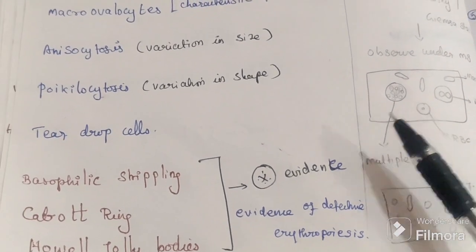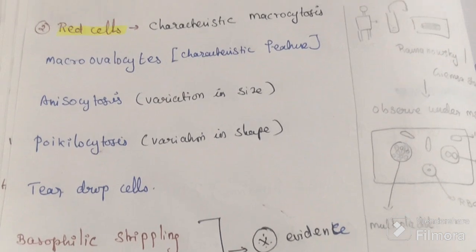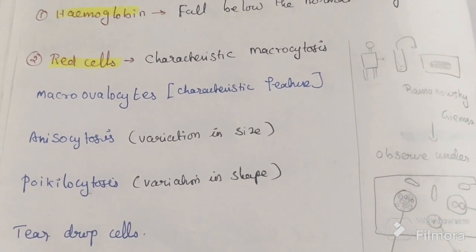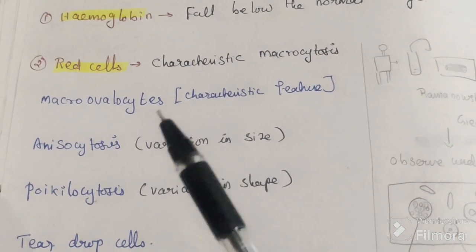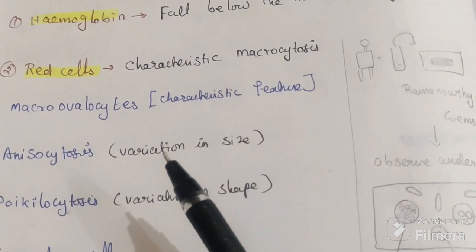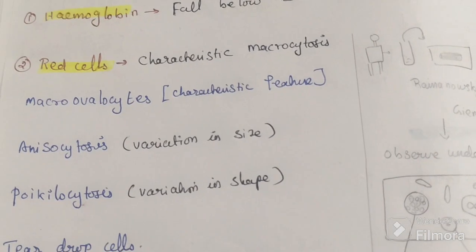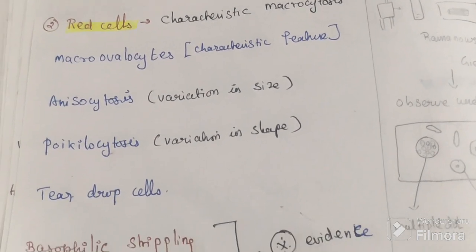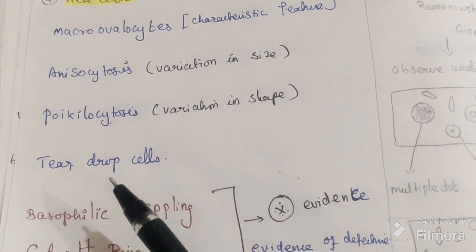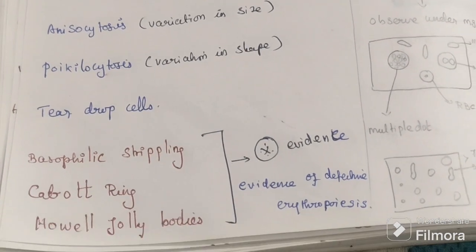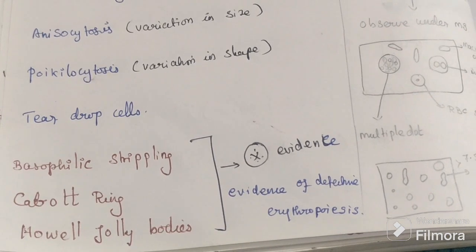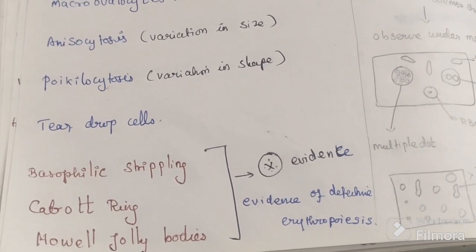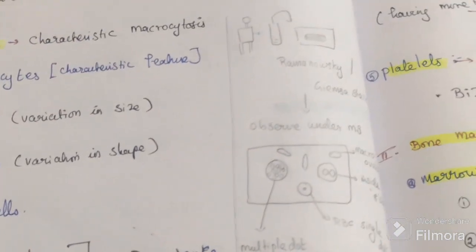These are the special characteristic features. So in RBCs we can identify macrocytes based on size and color, anisocytosis, poikilocytosis, teardrop cells, basophilic stippling, Cabot rings, and Howell-Jolly bodies.